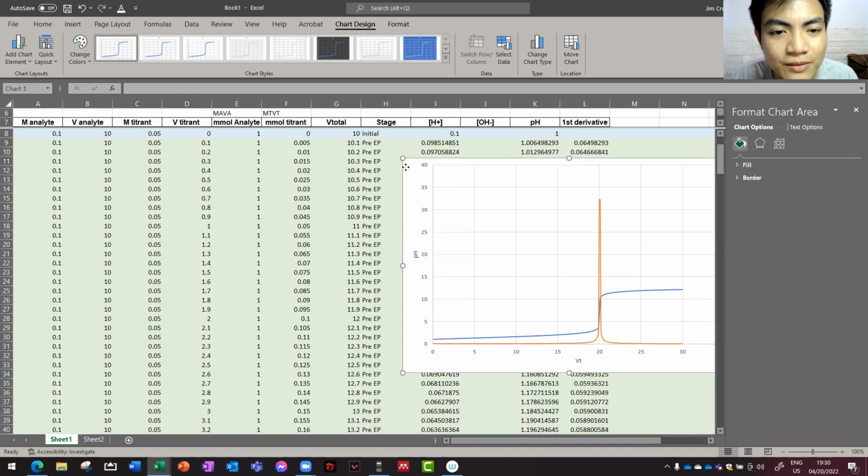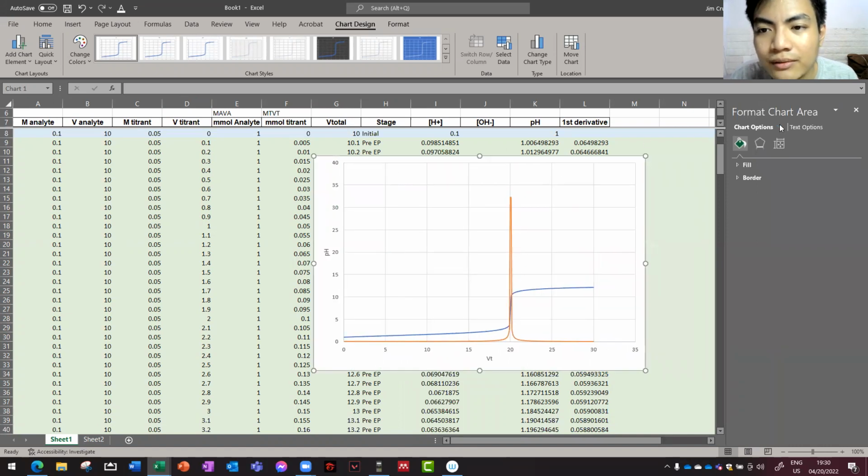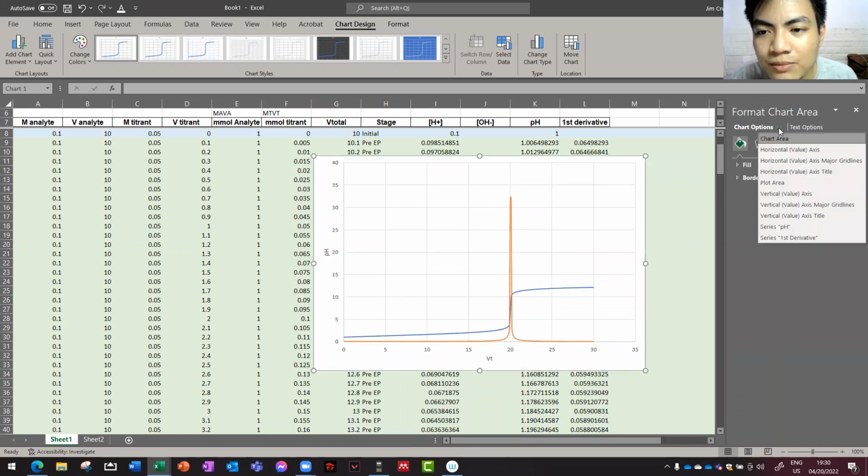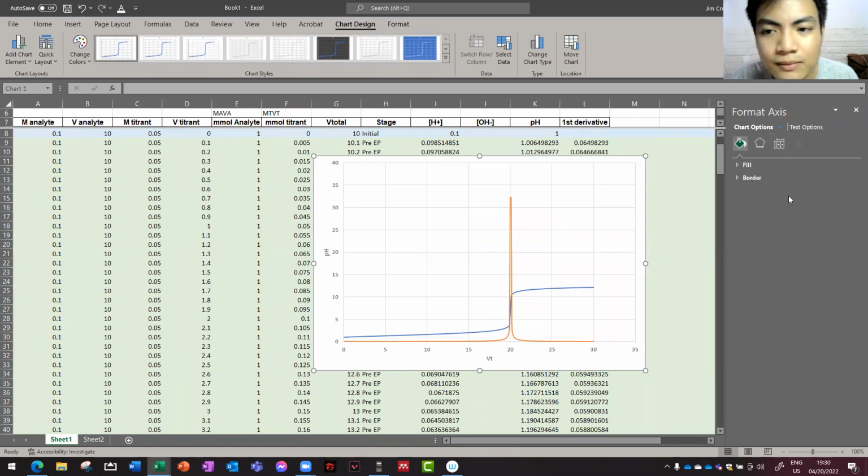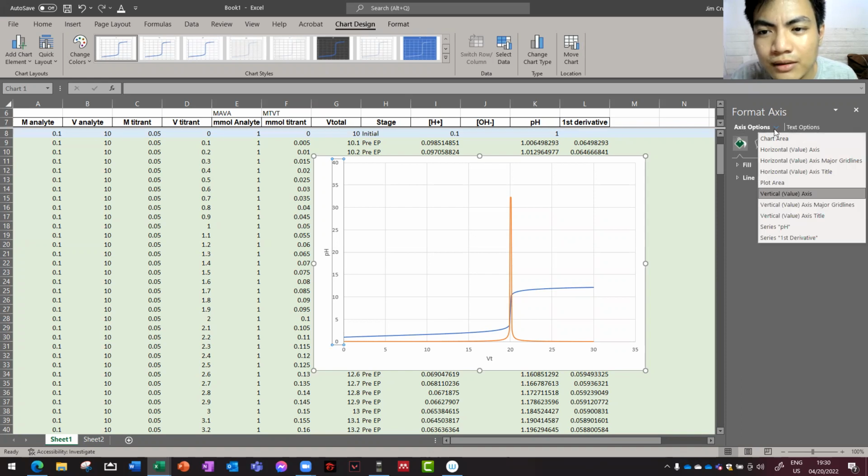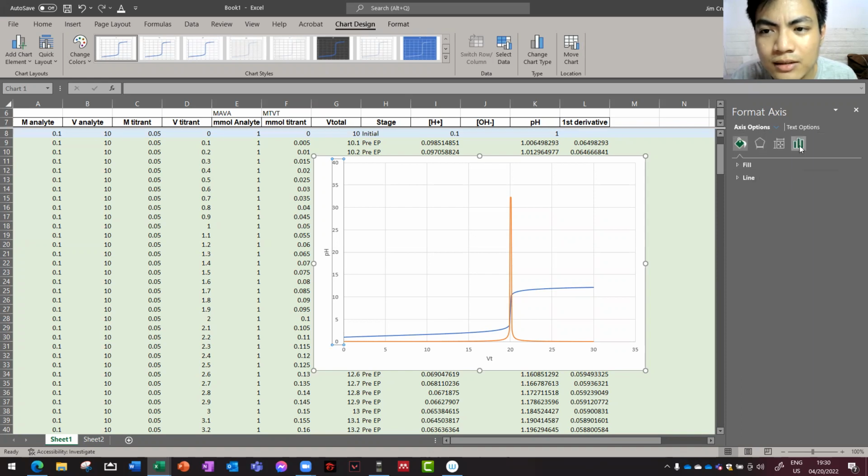So right click format chart area, and then at this option here, chart options, look for the vertical axis. Okay, so again, click this and then the vertical axis.